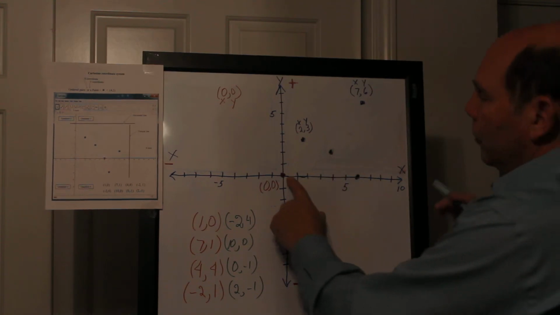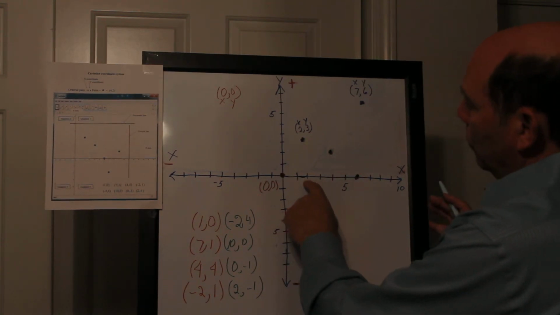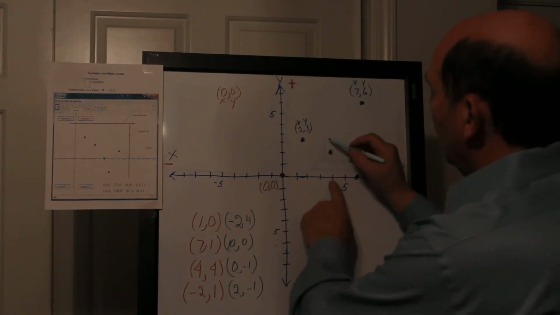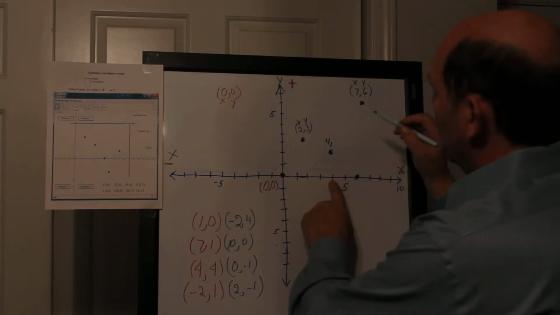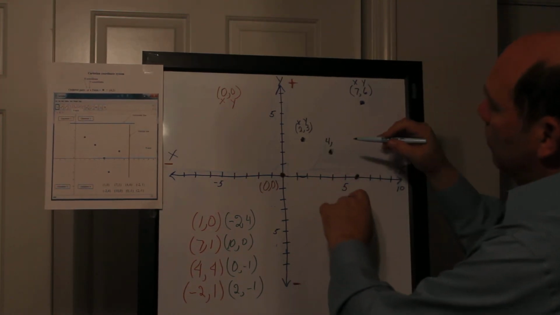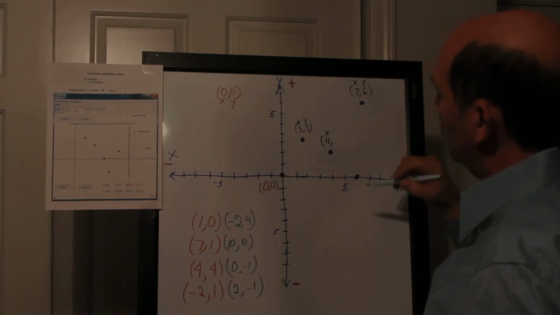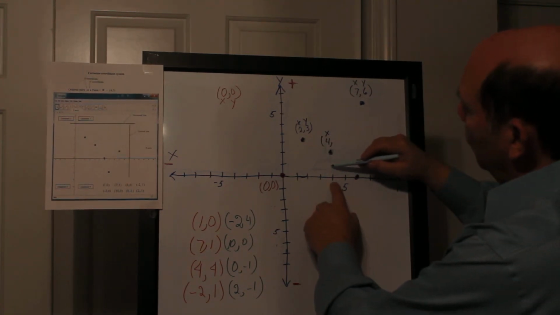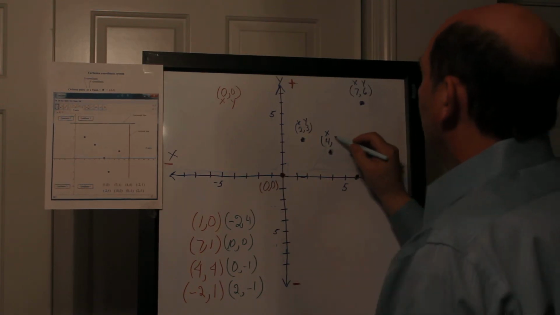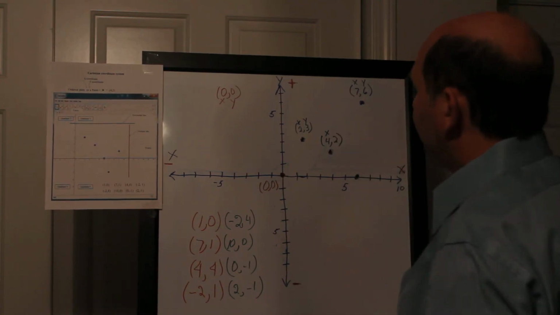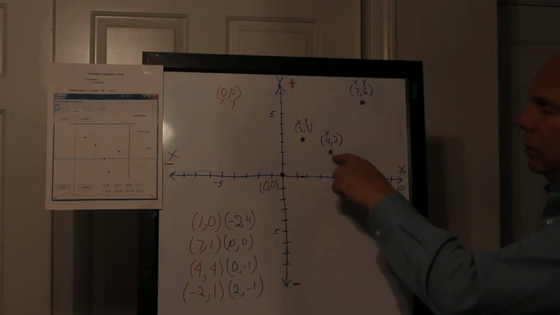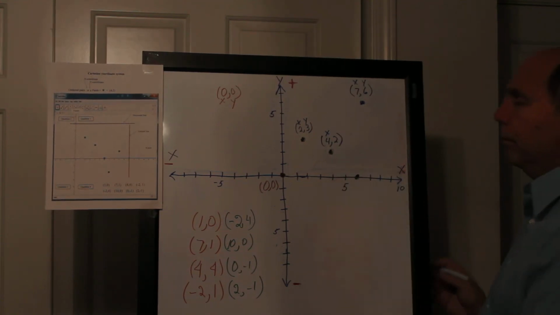This one, we start from the origin, 1, 2, 3, 4. So the first number, numero uno, cuatro, and that is the x. And then we count up, 1, 2. So that's the grid coordinates for this point.